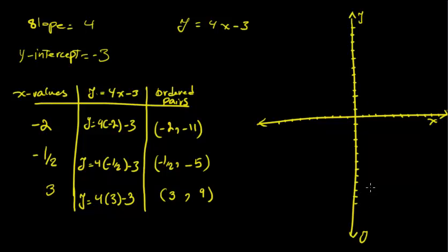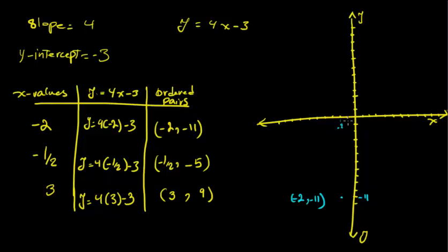Alright, we start at the origin. When x is minus 2, y is minus 11. So this is minus 2 and 2, 3, 4, 5, 6, 10, 11. This is minus 11. We connect them at this point. It's going to be minus 2 and minus 11.